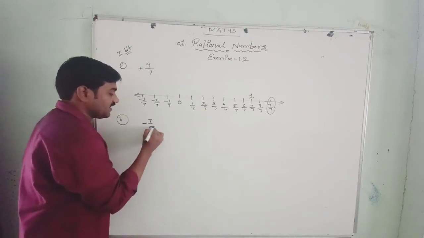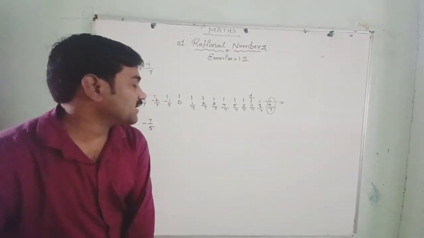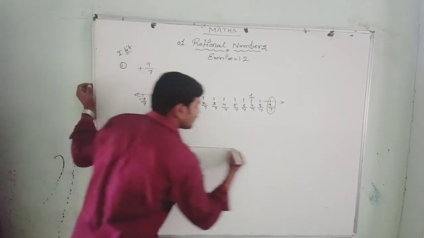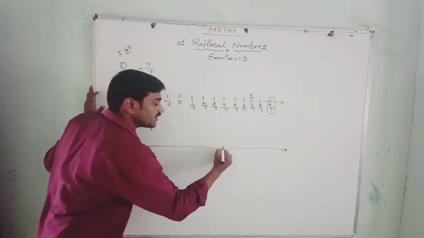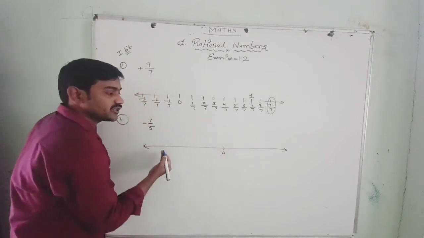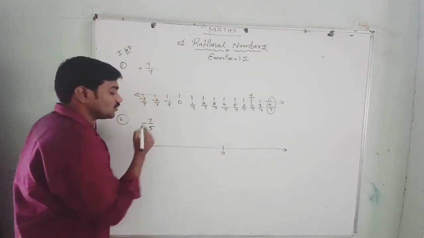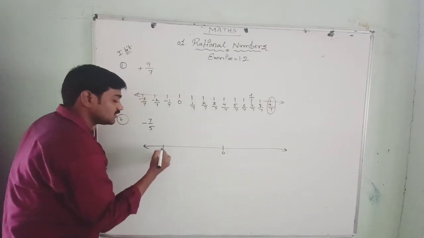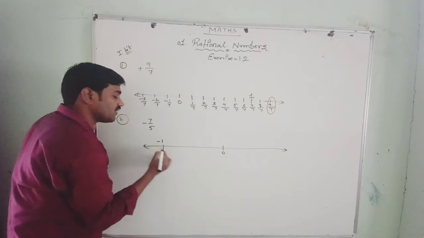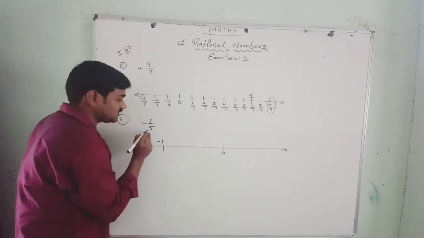-7/5. How to represent -7/5 on the number line? Let us do it here. Same thing. It is a negative number, so keep some space on the negative side. Between 0 and -1 you divide it into 5 equal parts, because the denominator is 5.